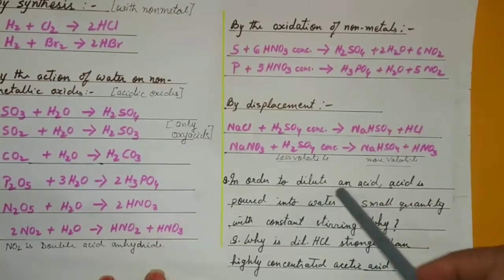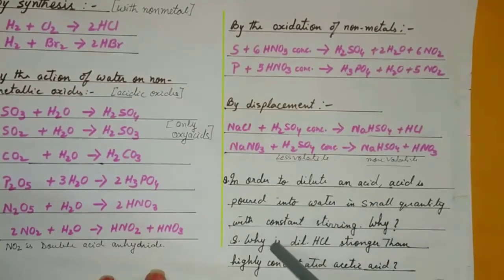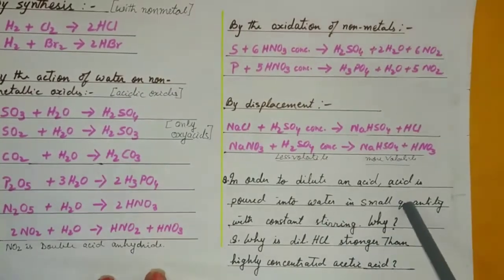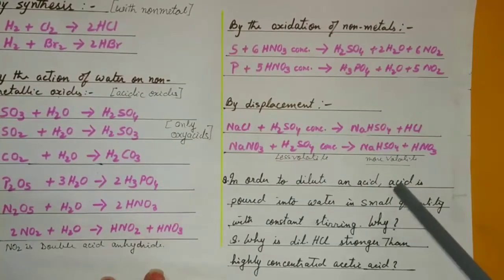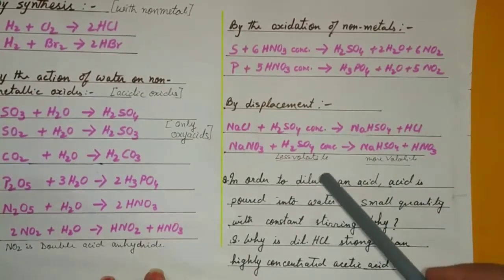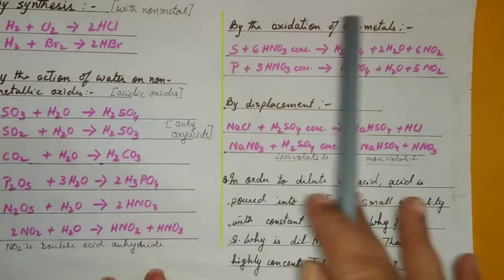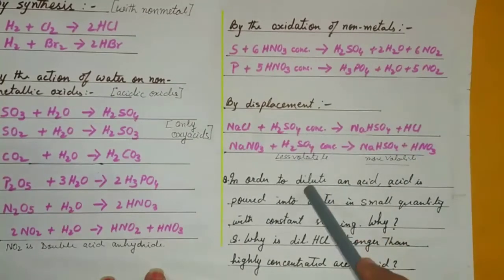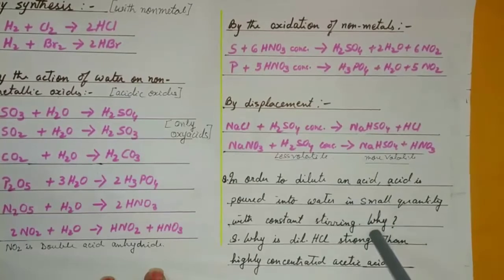In order to dilute an acid, the acid is poured into water in small quantity with constant stirring. Why? This we have done in the previous chapter. The reason behind it is that if you pour water into acid, it will result in an exothermic reaction. A lot of heat is dissipated, resulting in the splash of acid and causing an accident.